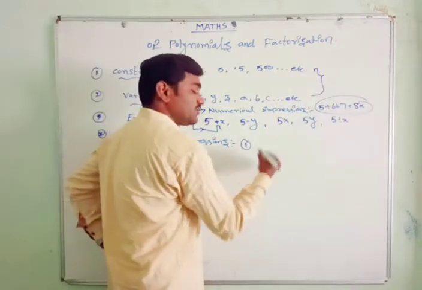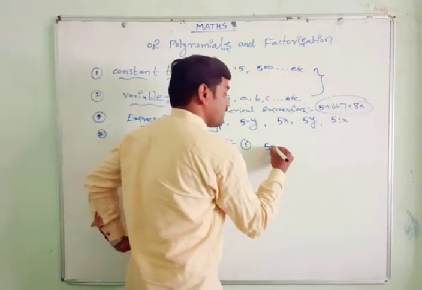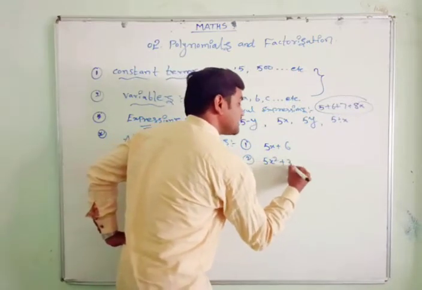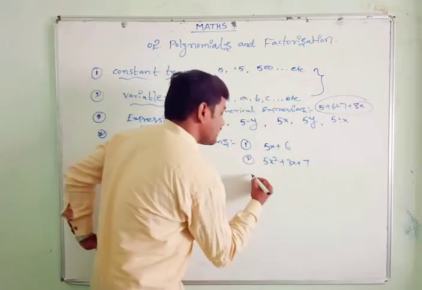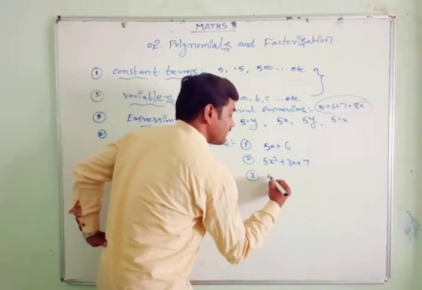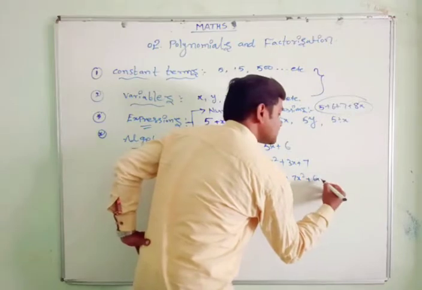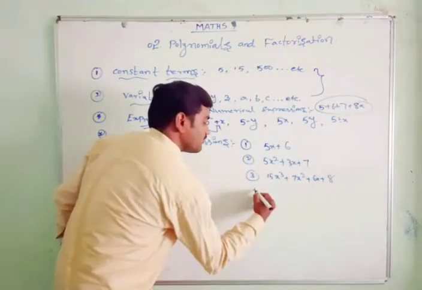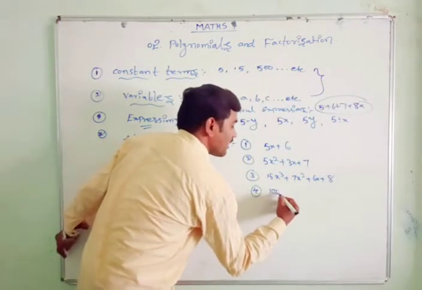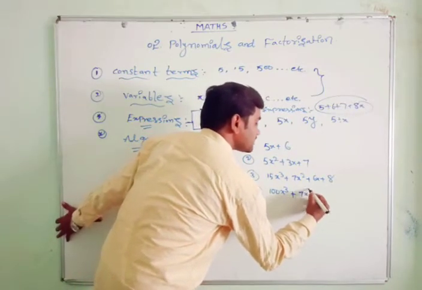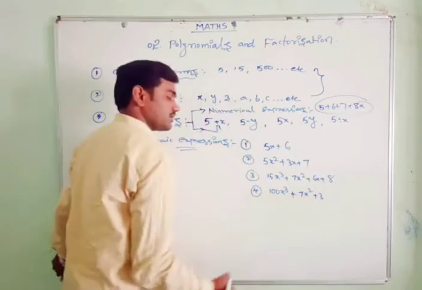Let me write some algebraic expressions. Suppose 5x plus 6. Next, 5x square plus 3x plus 7. Third example, 15x cube plus 7x square plus 6x plus 8. Fourth one, 100x cube plus 7x square plus 3.